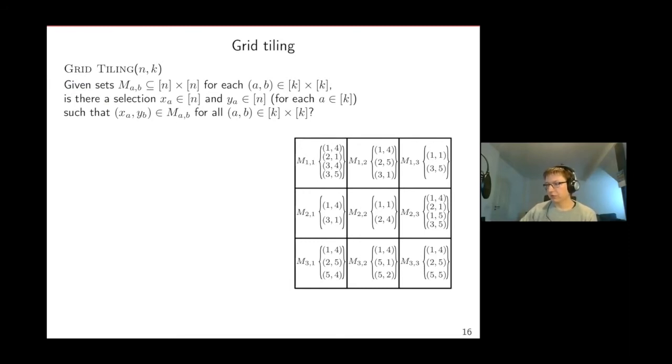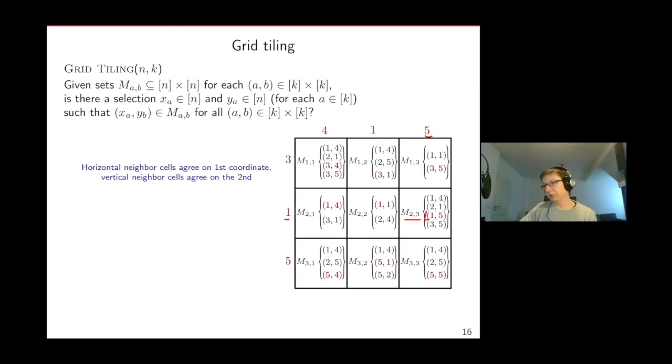A solution to this grid tiling would be to find integers for each row and for each column, such that if I look at any cell, then the pair corresponding to its row and column will be present. So for example, if I look at this set here, then in the row I selected 1, in the column I selected 5. So the pair 1, 5 should be present, and indeed it is right here.